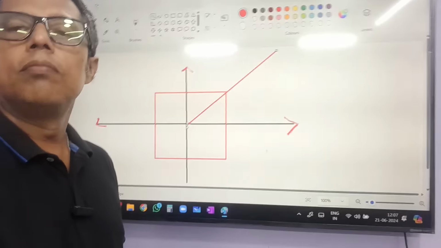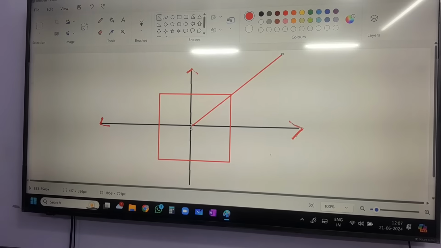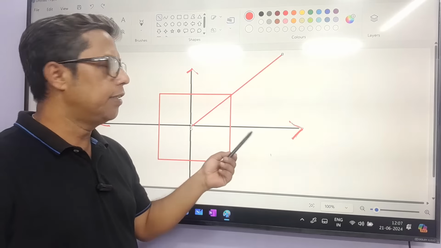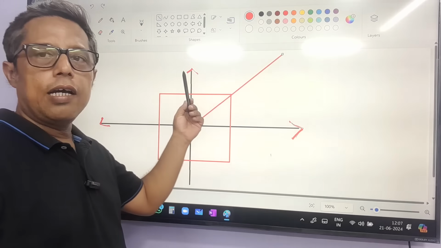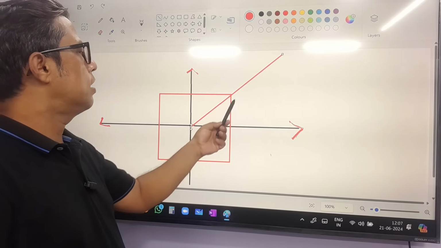Okay, very good, fine. Now, on the screen, what you can see is this, the positive x-axis. This is the negative x-axis. This is the y-axis, and this is the negative y-axis. Let's say this is a point.